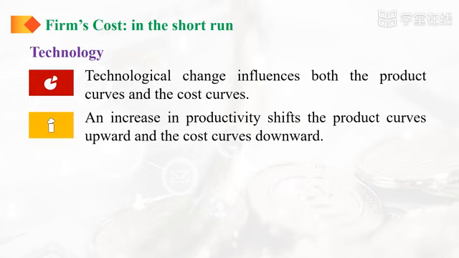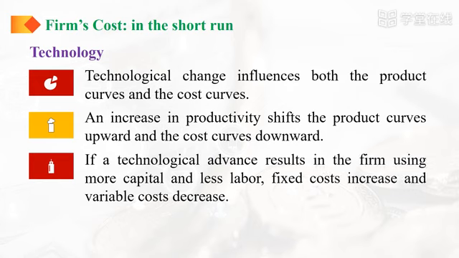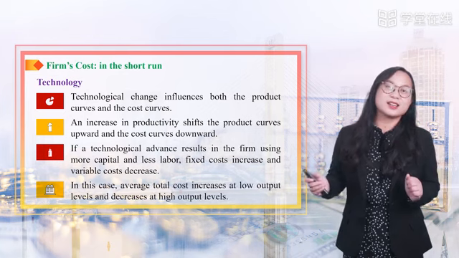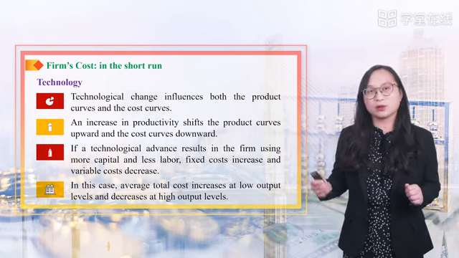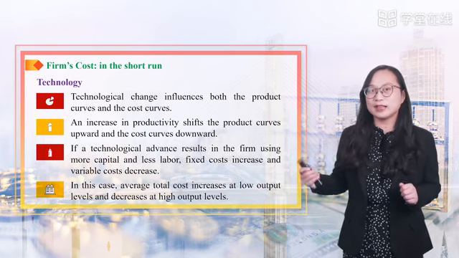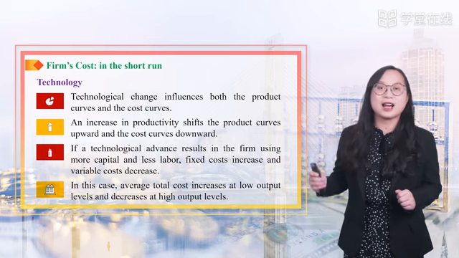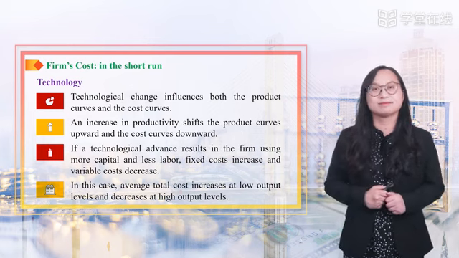An increase in productivity shifts the product curves outward and the cost curves downward. If a technical advance results in the firm using more capital and less labor, fixed costs increase and variable costs decrease. In this case, average total cost increases at low output levels and decreases at high output levels.